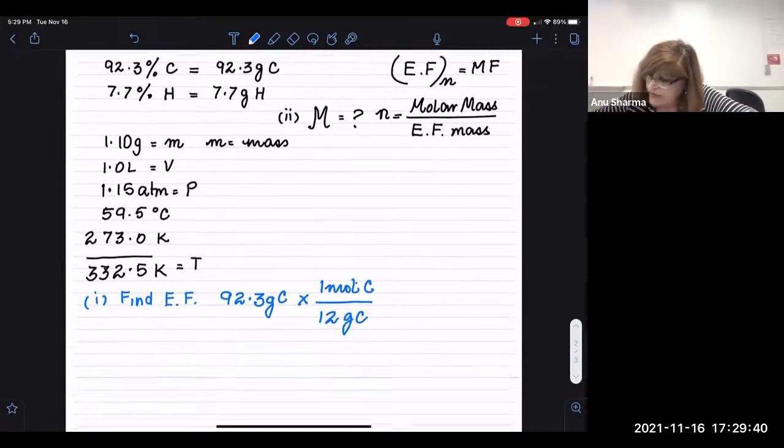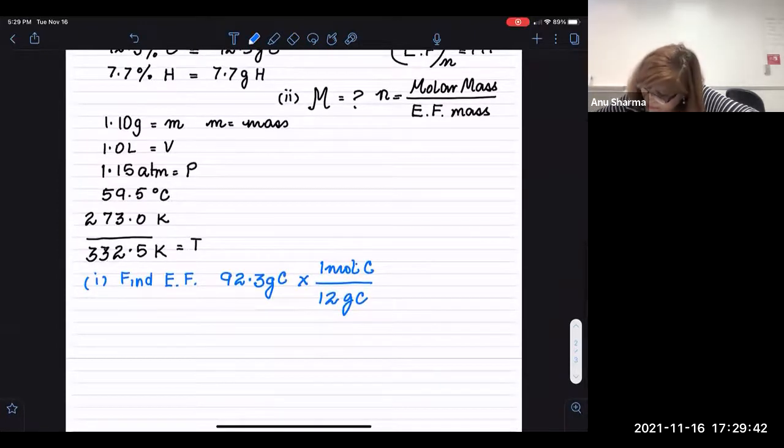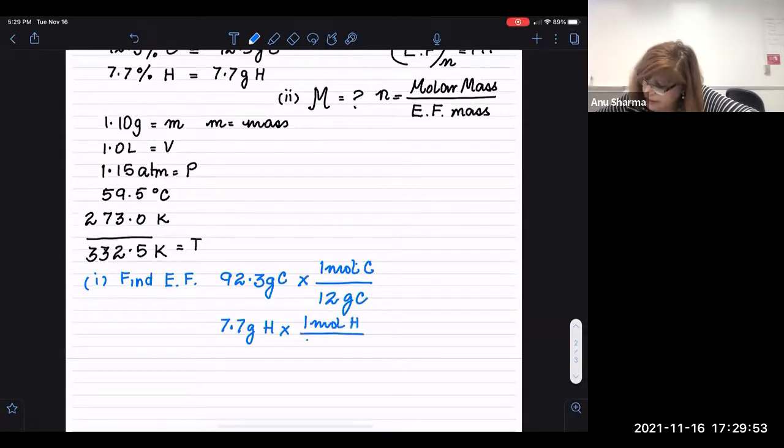You guys do the math. And then the other one is 7.7 grams of hydrogen times 1 mole of hydrogen over 1 gram of hydrogen. So what do you get here? How many moles is that?